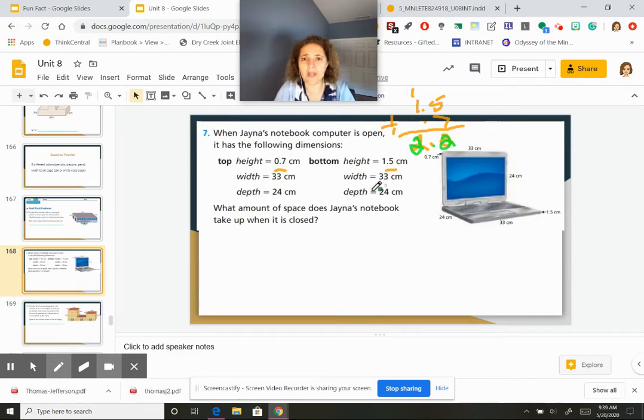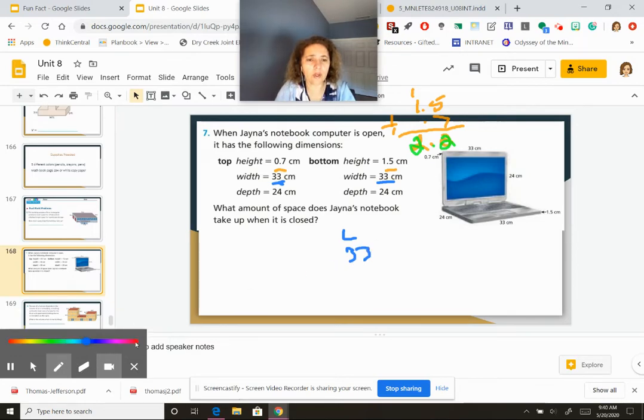That's my height. Now the width, what they're calling the width, we call the length. Does that change if you close it? No, it doesn't change, right? So my length is still going to be, and I'm going to underline that in blue because that's what I'm doing for my length. So my length is not going to change. That's still going to be 33. Go back to my green.